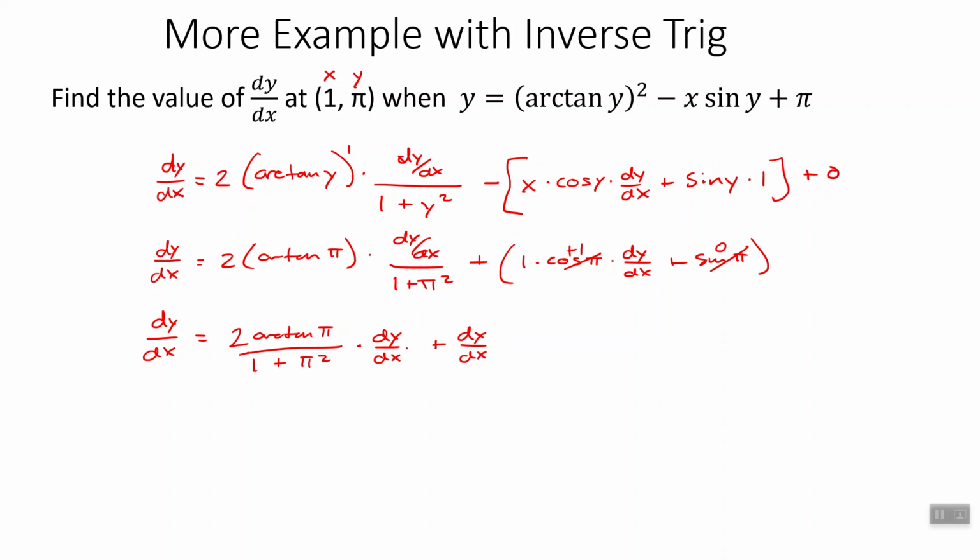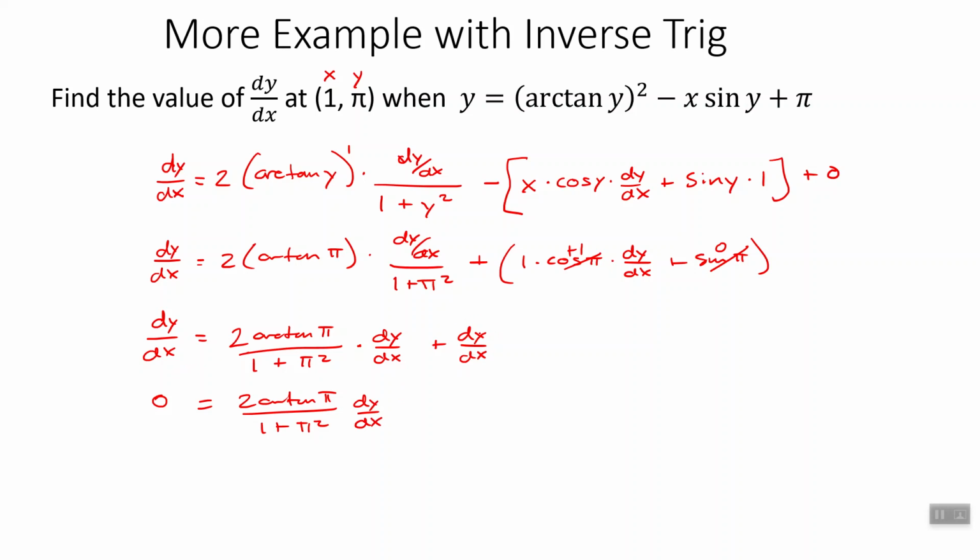All right, so we want everything with dy/dx on one side, everything else on the other side, so we could subtract this over. If we subtract this guy over here, we're left with 0 over here equals 2 arctan of pi over 1 plus pi squared dy/dx plus a dy/dx minus a dy/dx.